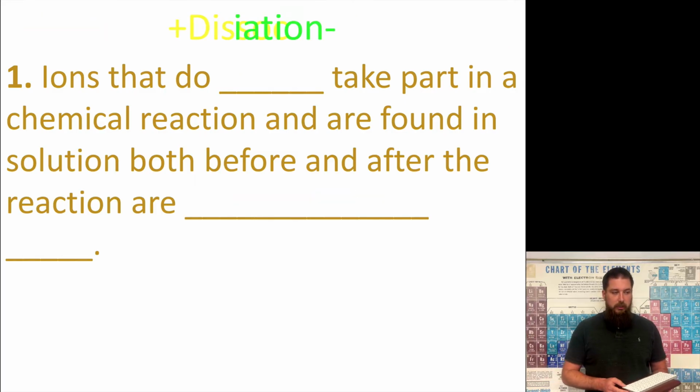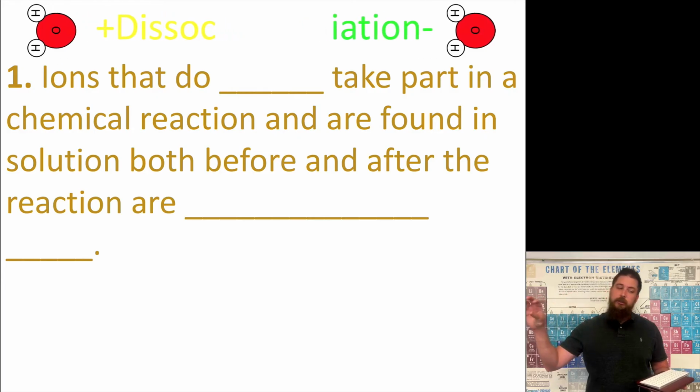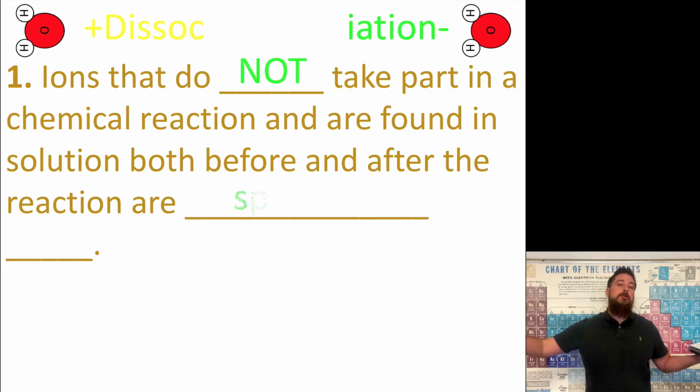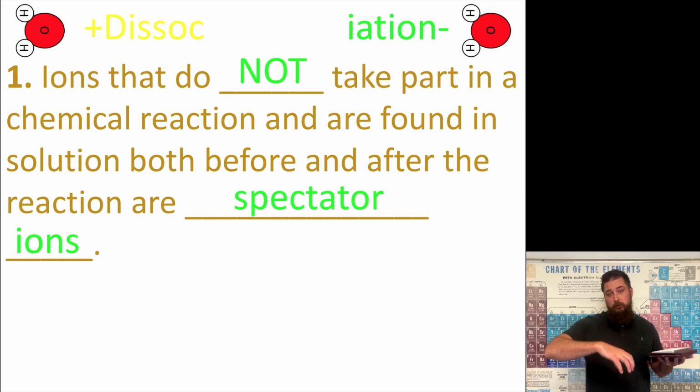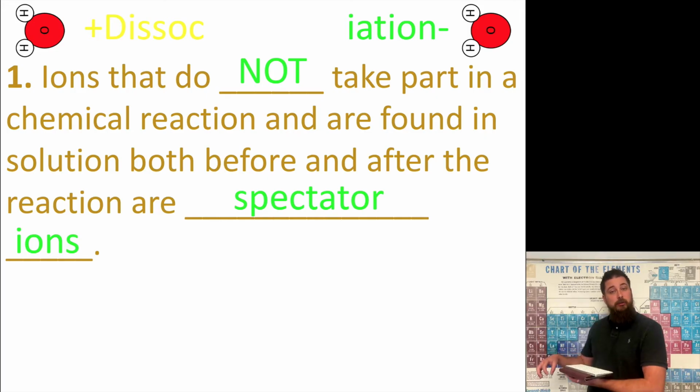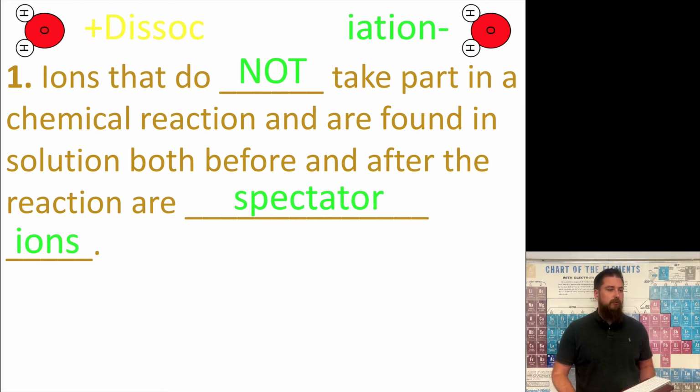We talked about this in a previous video, but those ions are separate from each other, floating around in solution. Spectator ions are aqueous before, just floating around in solution, and aqueous after, still floating around in solution. So they really don't take part in any change because they're aqueous before and after.